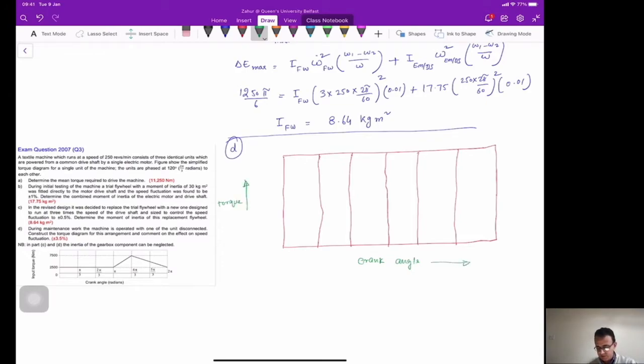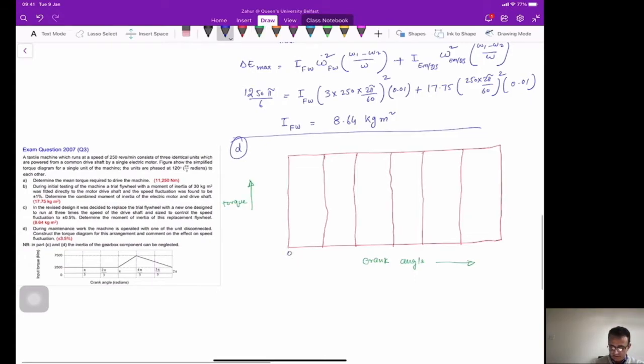The crank angle is increasing in this direction here, and the angles here are 0, pi by 3, 2 pi by 3, 3 pi by 3, which is pi, and then you have 4 pi by 3, 5 pi by 3, and then 6 pi by 3, which is 2 pi here.